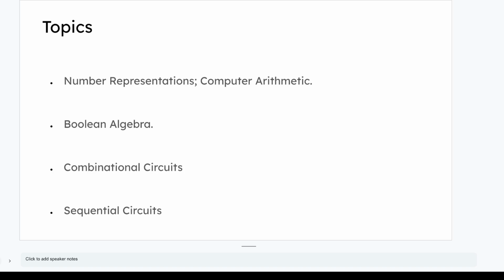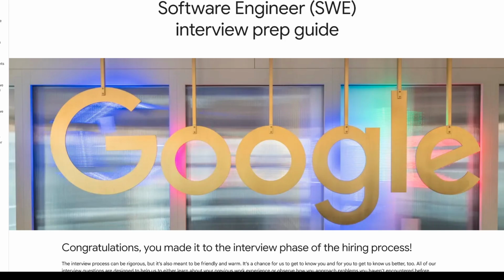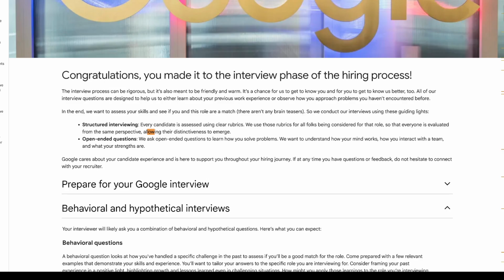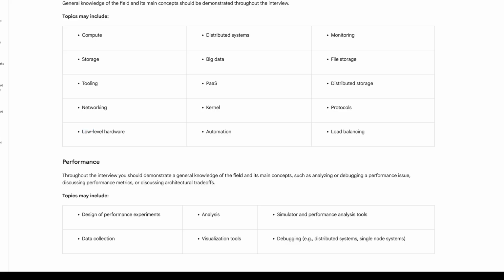Now apart from all of this, you might ask which companies are asking about this in industry. What I personally feel is that Google as a company is the one which sets the benchmark for most of the software engineering interviews, right? This is the official page of the software engineering interview prep guide from Google. If you observe here, they mention a term called low level hardware.